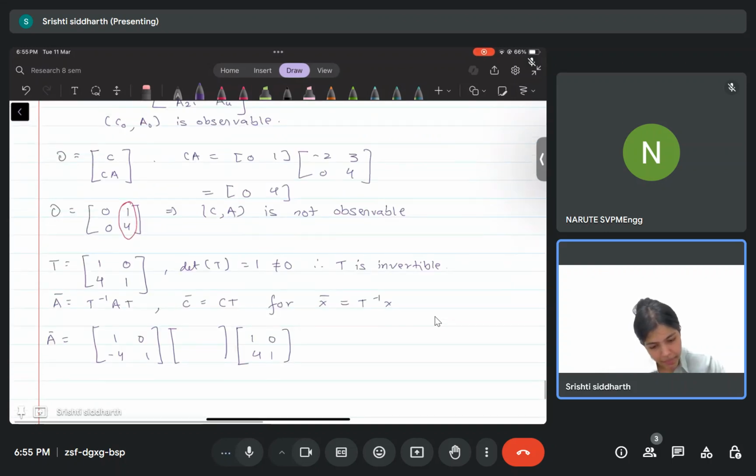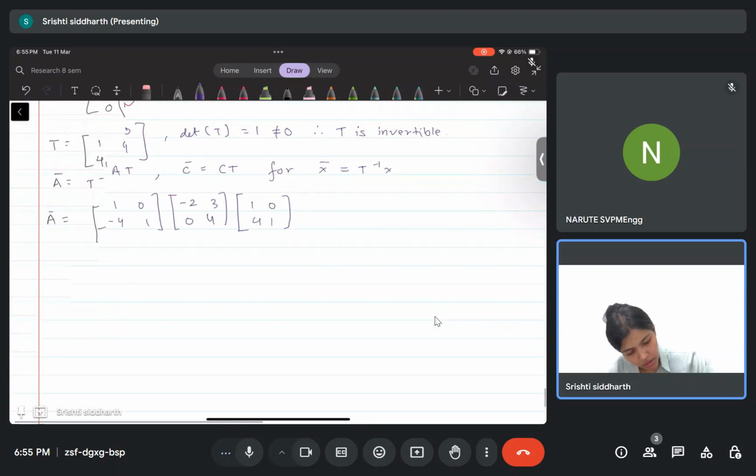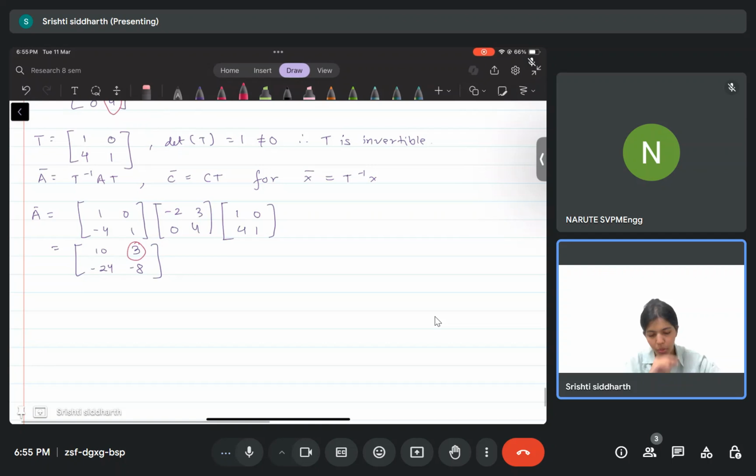With -2, 3, 0, 4, this comes out to be 10, 3, -24, -7. Observe that the standard form has 0 here, which we do not have. Therefore, we'll have to select a different transformation matrix.